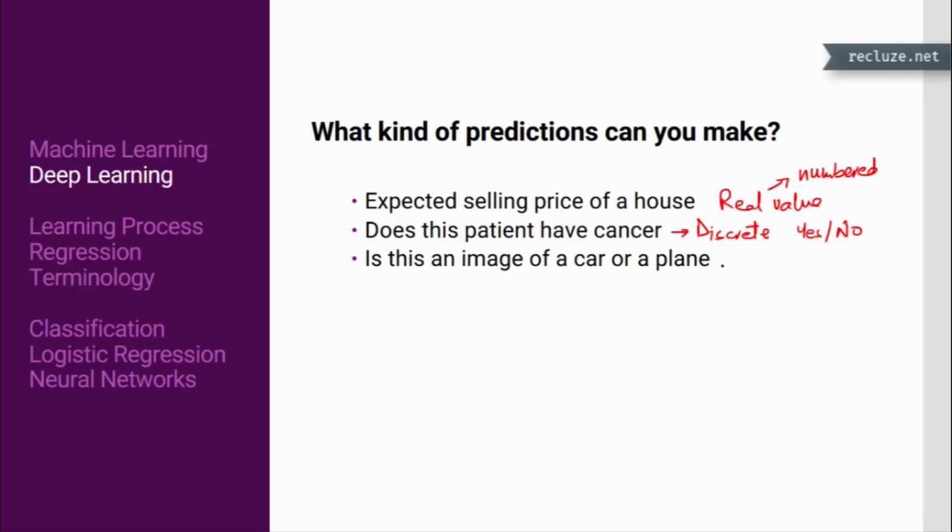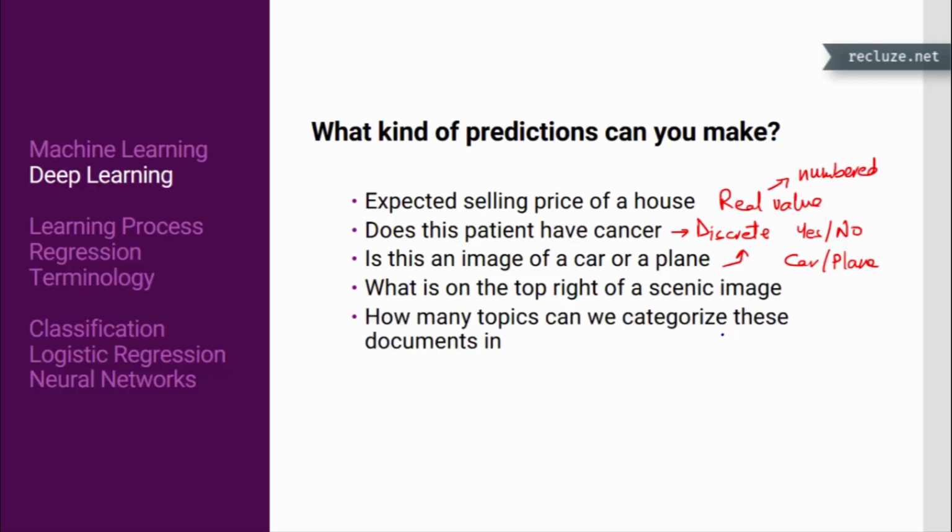So this essentially is going to be discrete as well, except we're going to have car or plane. We can also predict what is on the top right of a scenic image that we're seeing, whether it's a tree or a bird or a cloudy sky. So we can predict different things. We can also predict how many topics we can categorize a document in. We can predict what the user wants to read next.